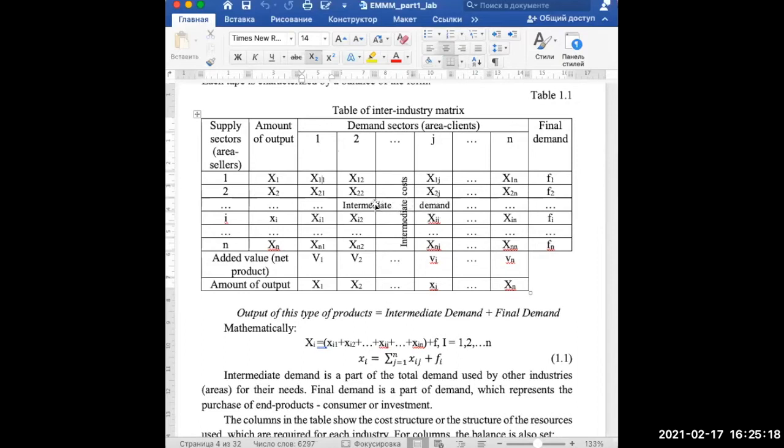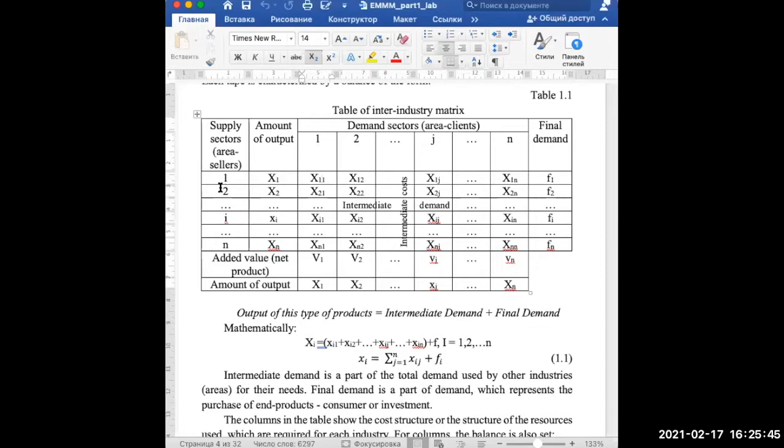We want to emphasize that these are clients from other sectors who need to produce their own products, but need to buy, for example, raw materials from other sectors.